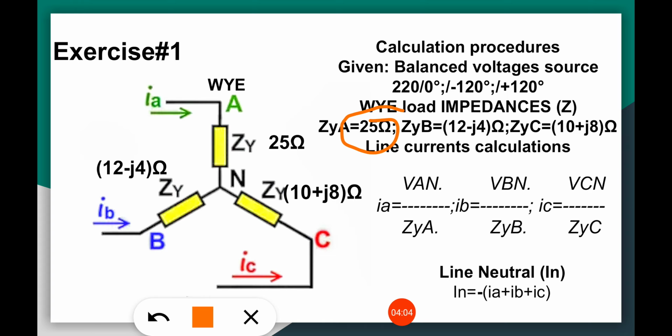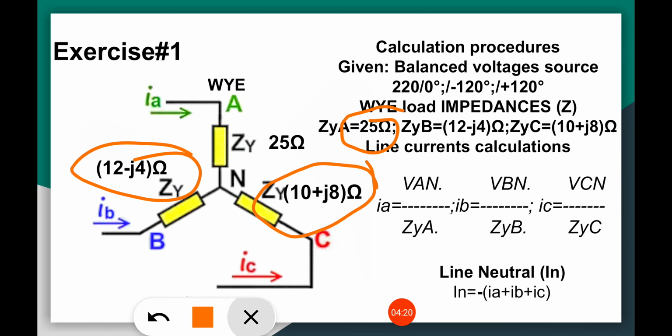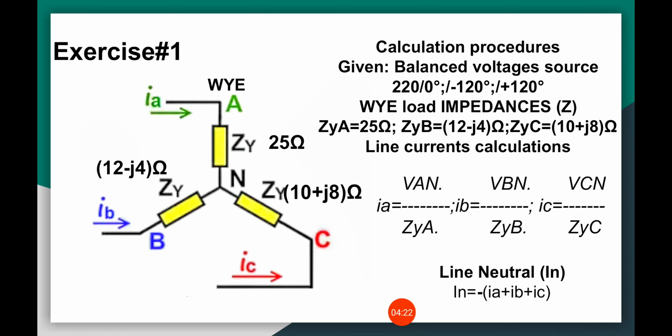We also have ZYB, which is a capacitive load, and ZYC, 10 plus j8, which is an inductive load. So basically that is the unbalanced setting of this Y configuration load.